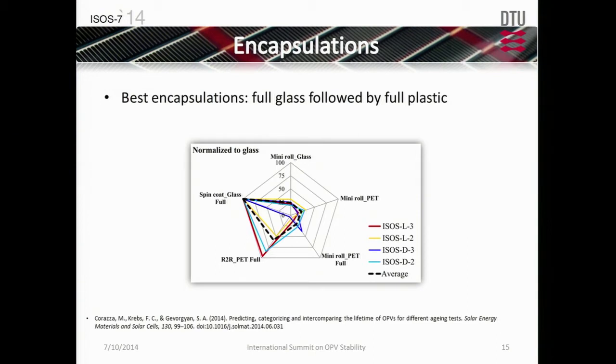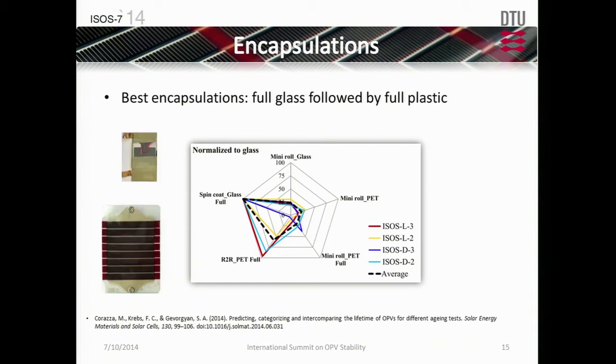What is clear from this graph is that free OPV and spin coated glass full are very good, very stable, and this makes them very good candidates for a round robin study, while the mineral coated devices are not that good, so they're not yet very compatible with the round robin concept.